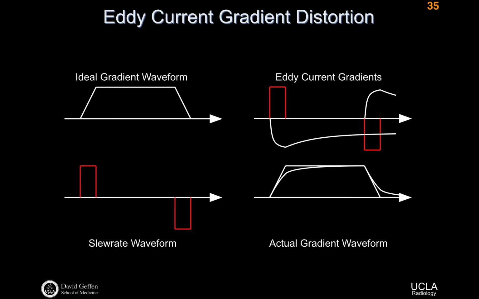So in the phase encode space, this is Kx, and this is Ky. And let's say I have eddy currents that only affect. So my sequence looks like.